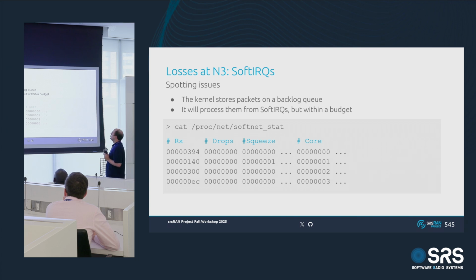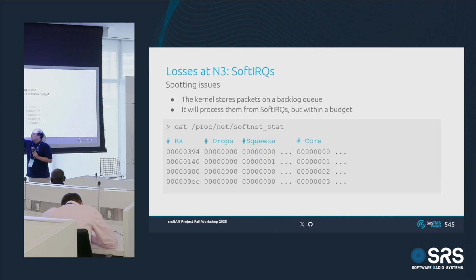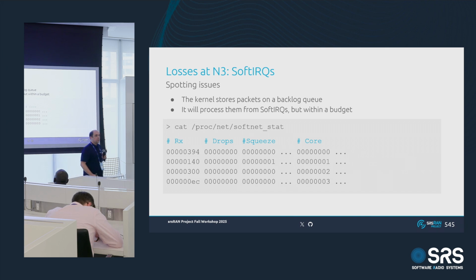So by catting that file there, you can check for drops in the backlog queue, and you can check if the processing budget has been exceeded. The drops you see there in the second column, and the processing exceeded is there in the squeeze column, and you can see it for each core.